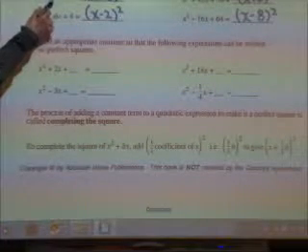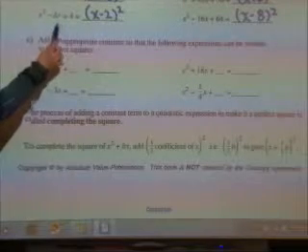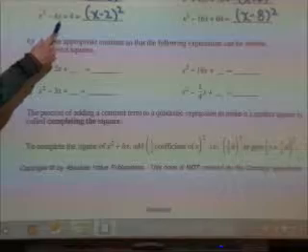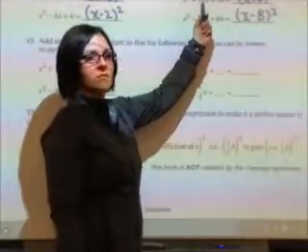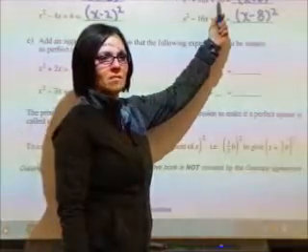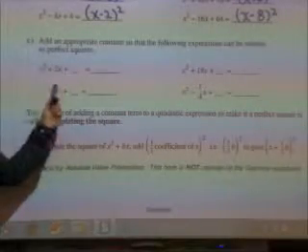Okay, so what's half of 6? Square it, 3? What's half of 4? Square it? Half of 12, and I square it? So if I take half of this middle term and square it, I'll get that last term.